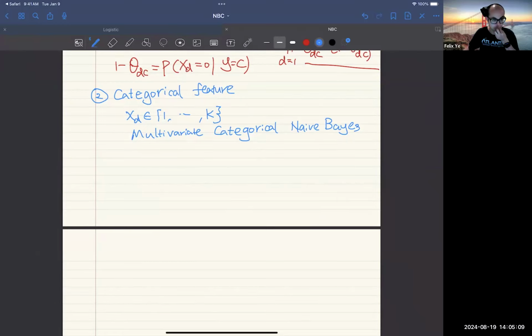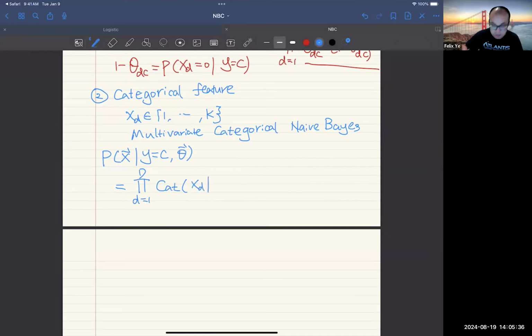So in terms of distribution, this becomes the probability of x given y equal to c and theta. This becomes a multiplication for each component d from 1 to big D, categorical of xd given theta dc.